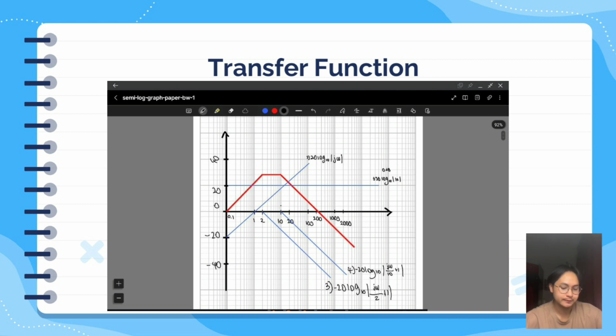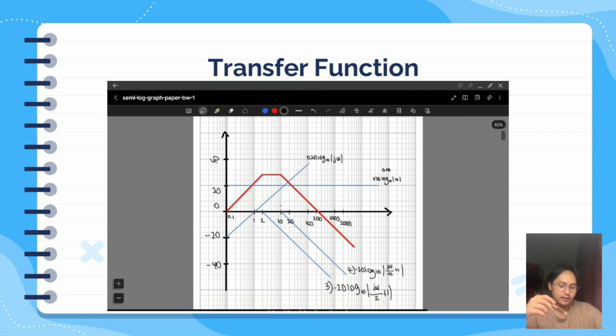At first we sketch the x and y axes, where the x axis is for omega, while the y axis is for H in dB.